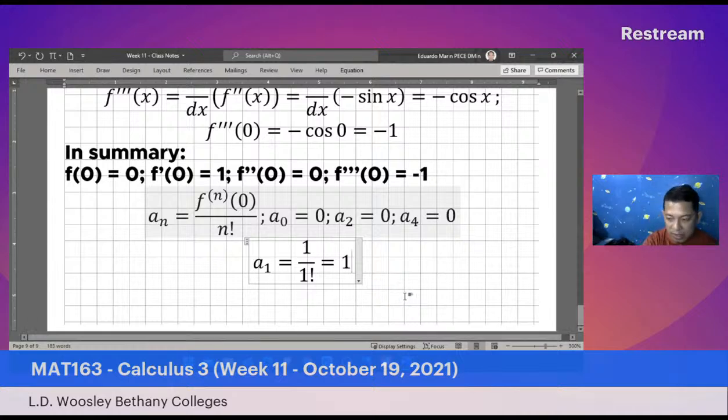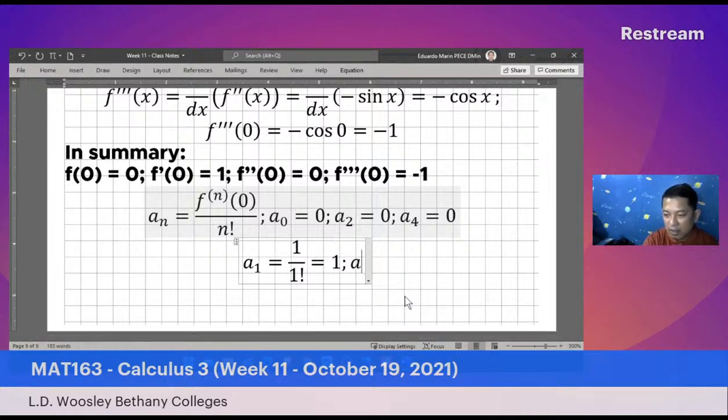How about a sub 3? Ano yung a sub 3 natin? Negative 1. So yung a sub 3, negative 1 yung f triple prime niya at 0, it's negative 1 all over 3 factorial. Then babalik siya.